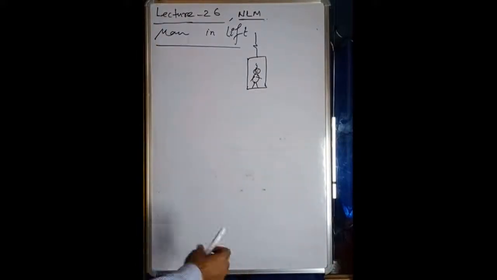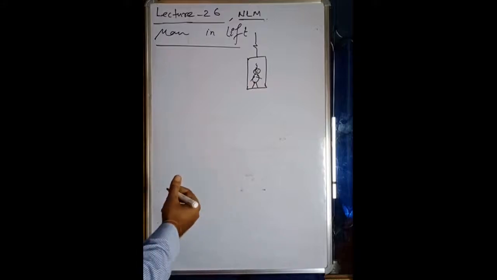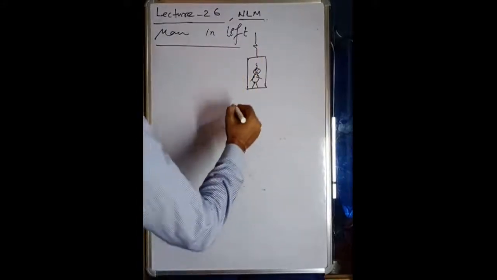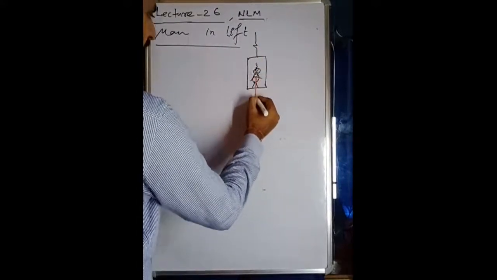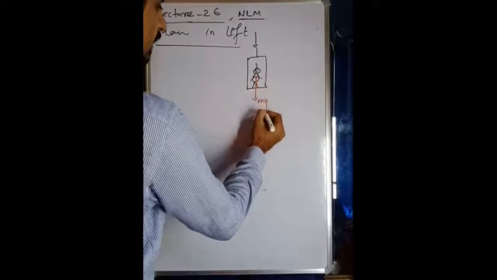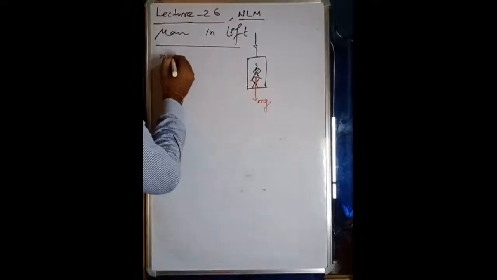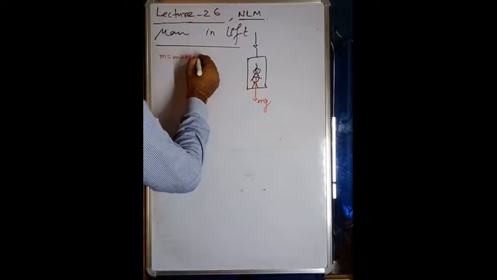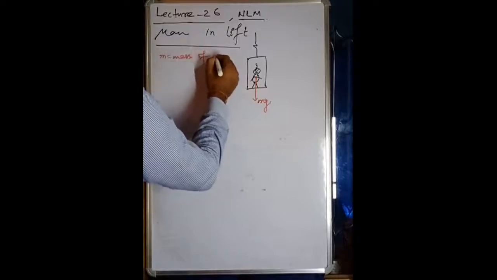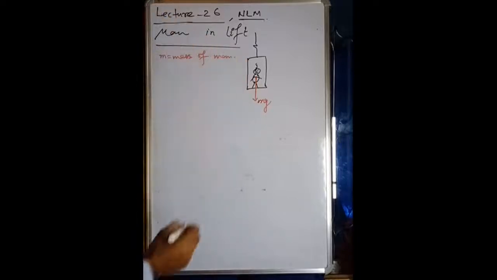Now let's discuss this Taklu inside the elevator. The weight of Taklu, how much is it acting? Suppose mg, where m is the mass of the man inside the elevator.